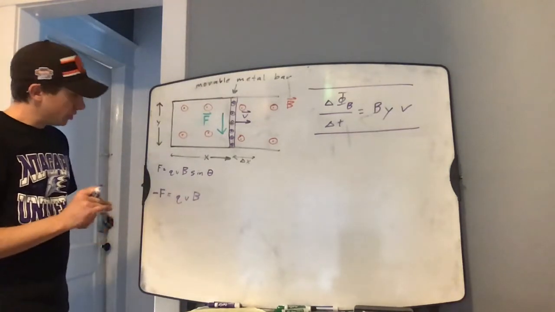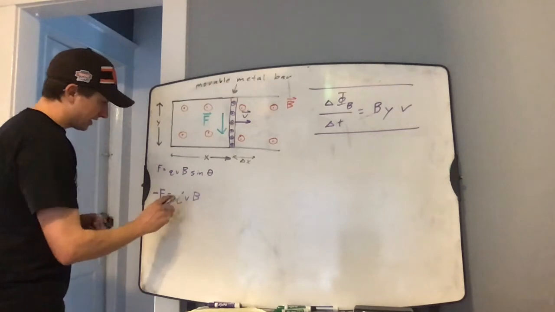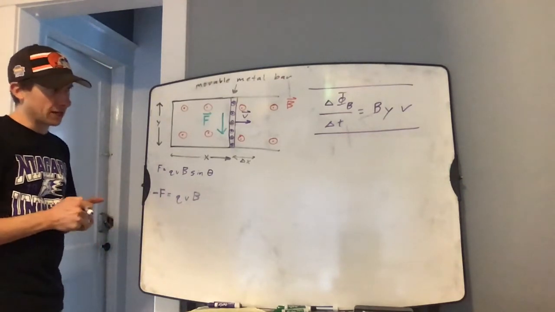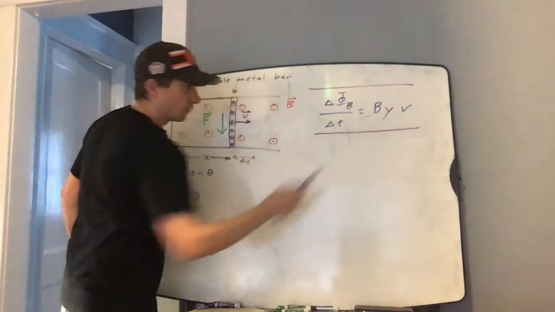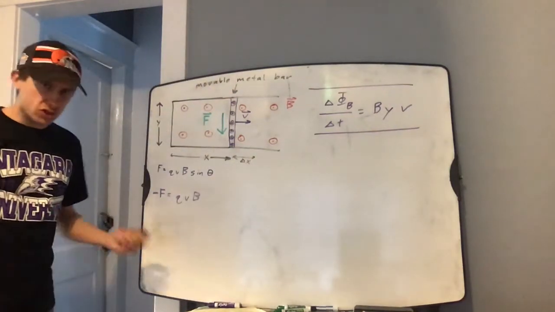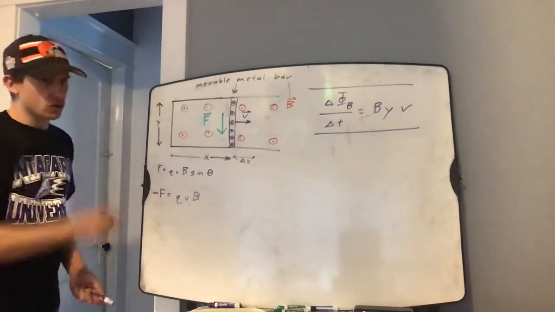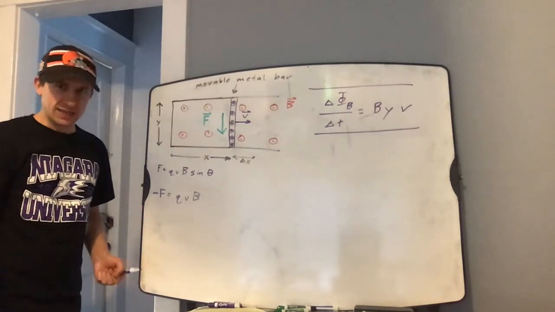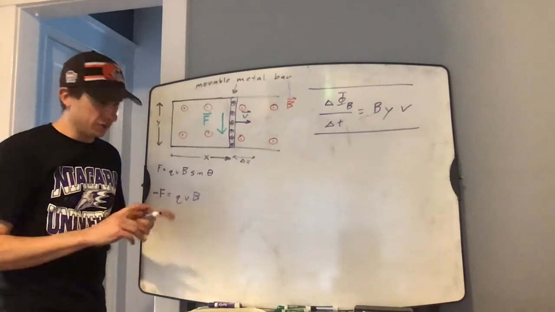Now I look over here and realize that I have a V and a B, the speed of the bar and the strength of the magnetic field. I have a V and a B over here too. So let's just do some algebra and combine these two equations. Again, don't worry why we're doing it. Let's just do it and we'll see where it leads us.